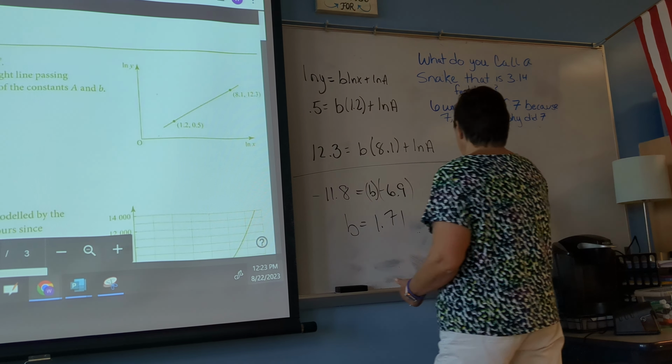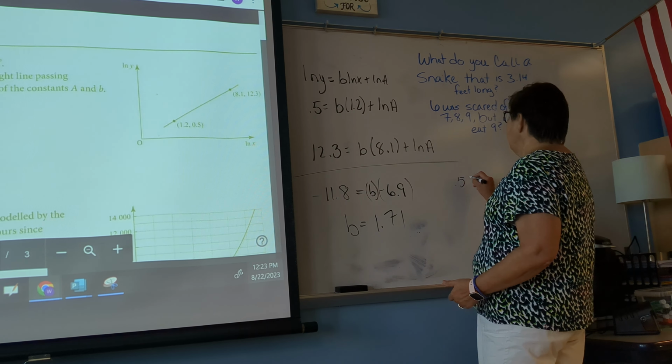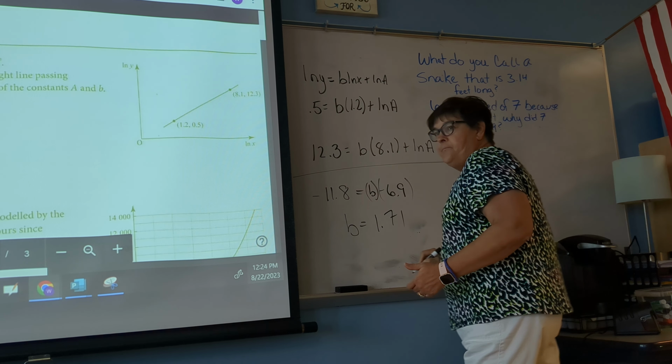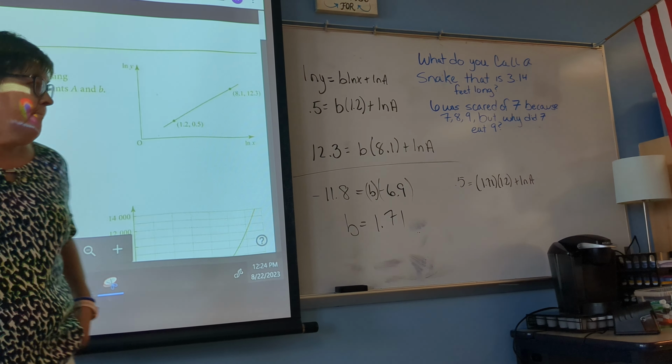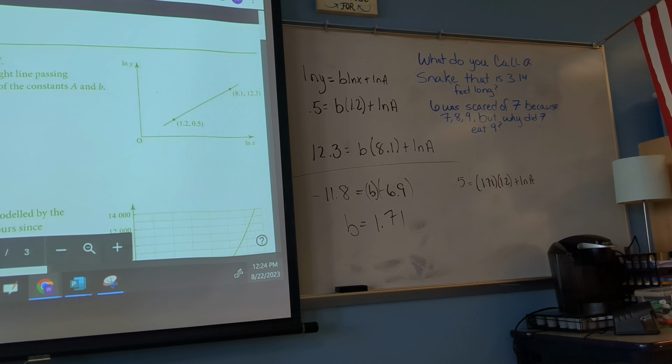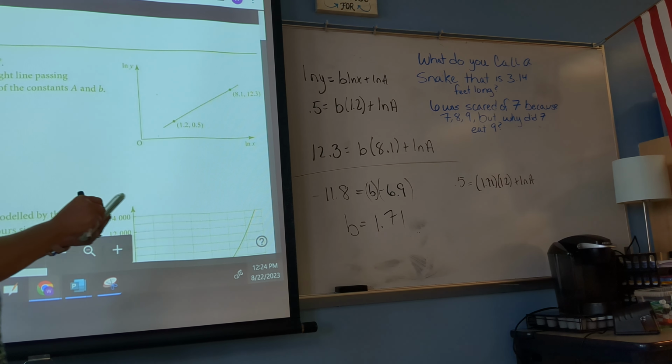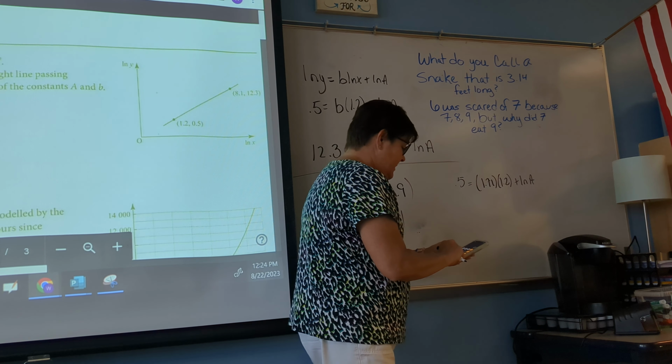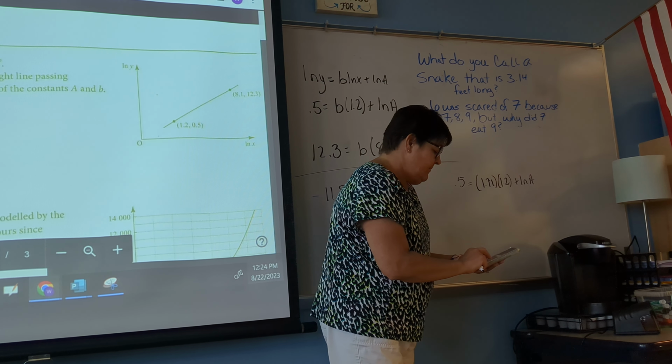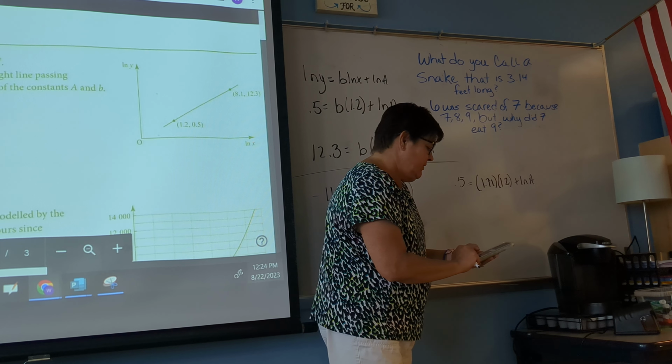Okay. So 0.5 equals 1.71 times 1.2 plus the natural log of A. So 1.71 times 1.2, on the phone, not the calculator. 1.71 times 1.2.